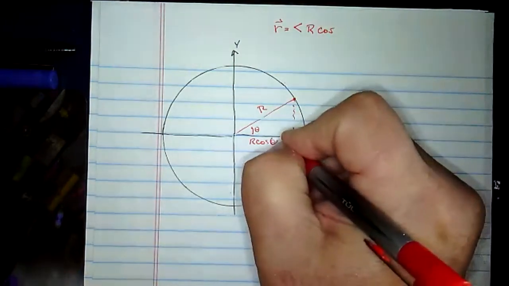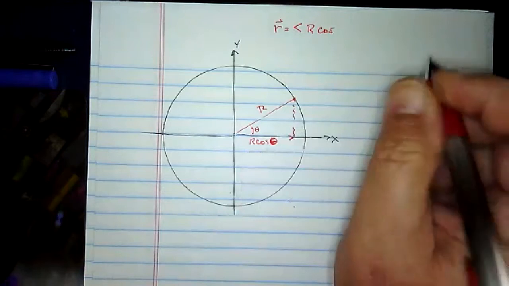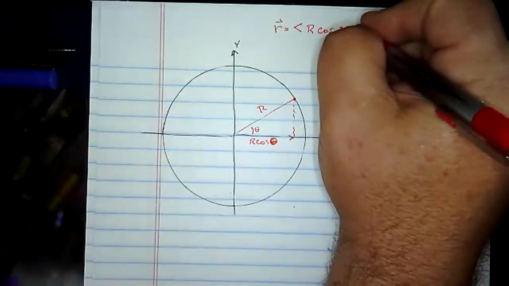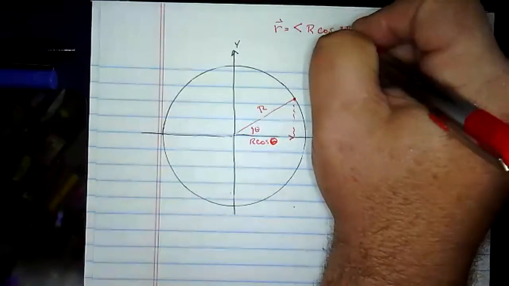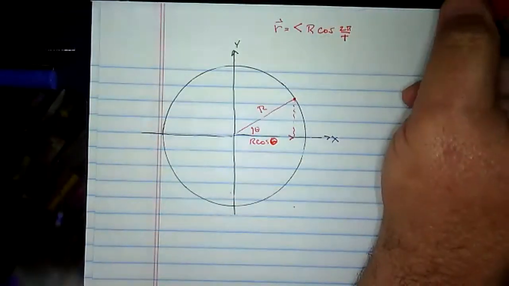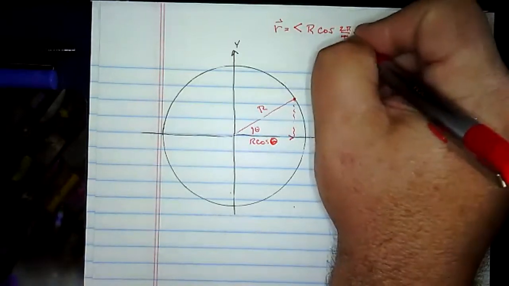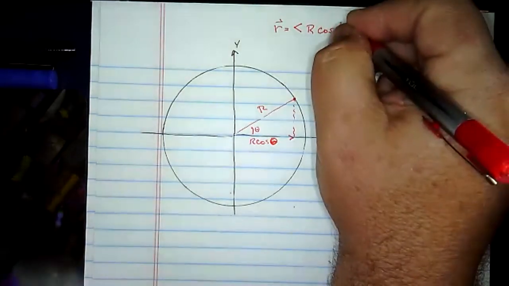But I'm not going to call theta just a constant. I'm going to say theta is actually going to be 2 pi divided by some time T, times lowercase t. Okay.